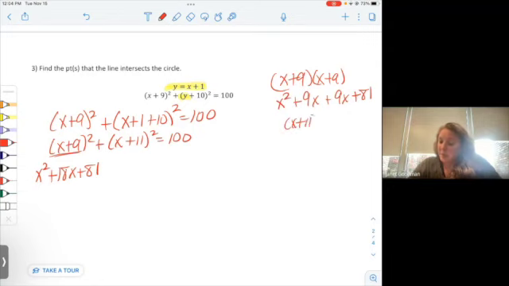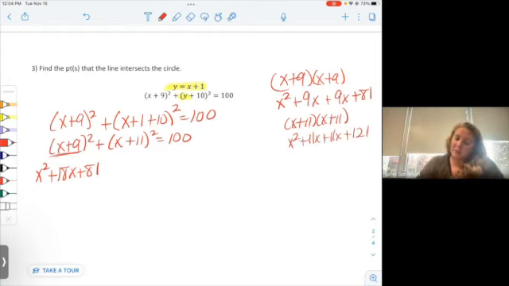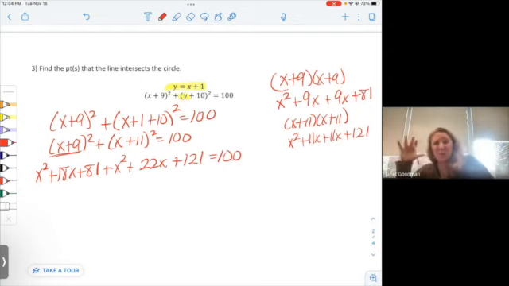Same thing for your x plus 11: first 2, outer 2, inner 2, last 2. So it looks like we are making this way worse, but have a little faith. Let's combine our like terms and clean everything up.